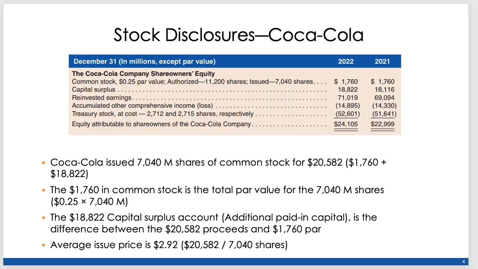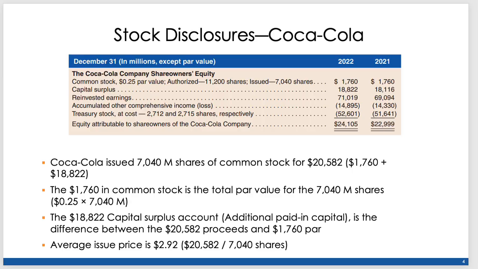And you see the notes below that of the total authorized, the 7,000, or in millions of shares, of course, right, of common stock is really valued at 2582. 1760 represents the par value, and the rest is additional paid in capital, right? So you can see how that works itself out, right?